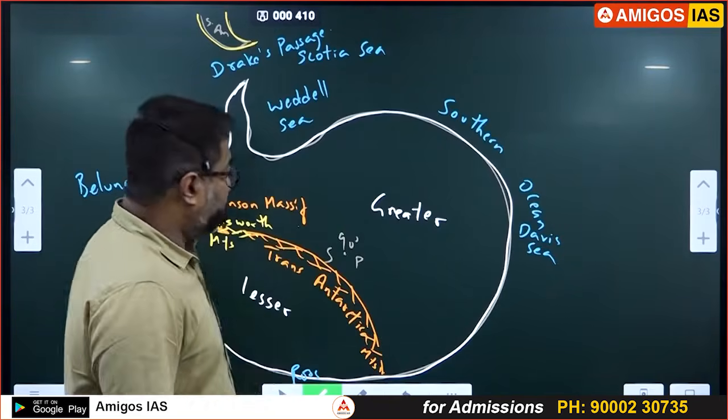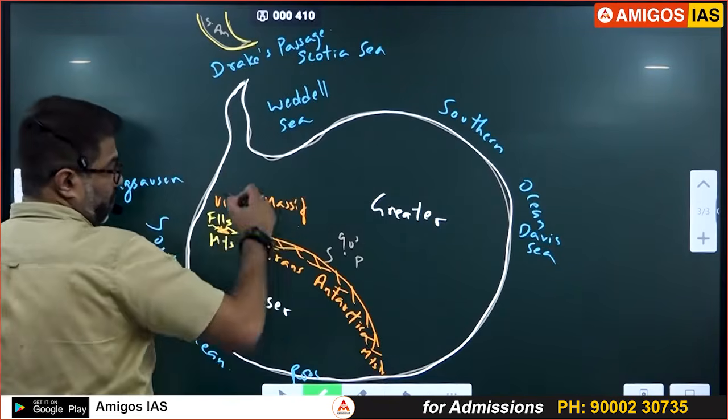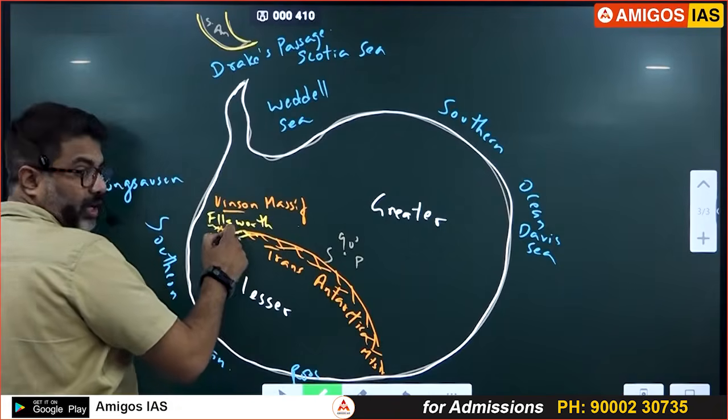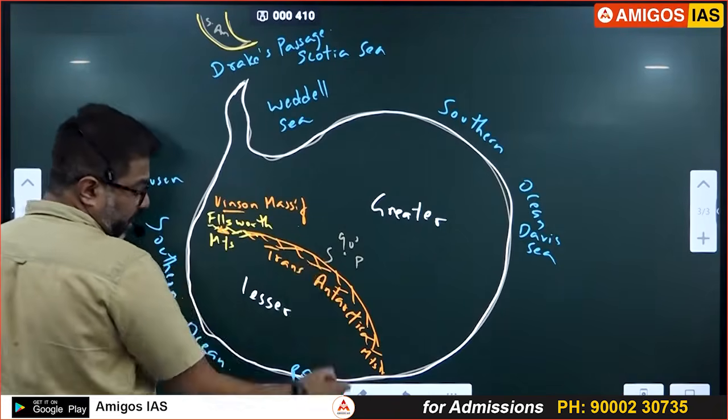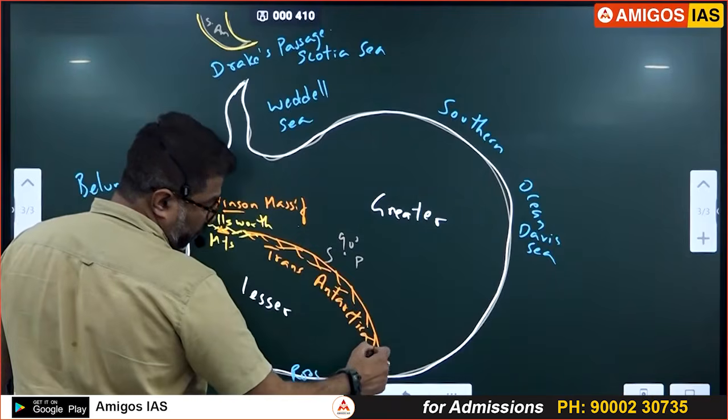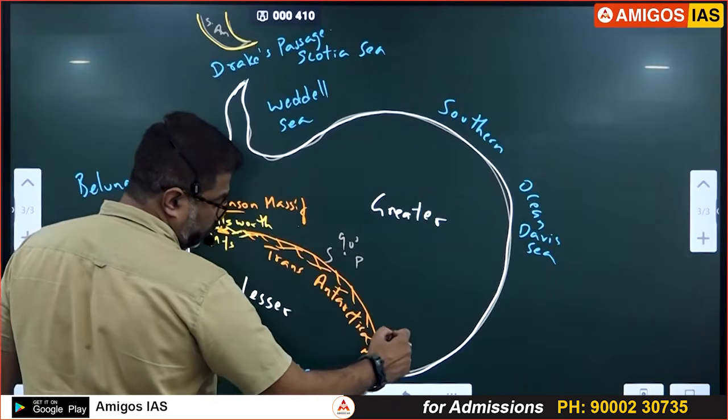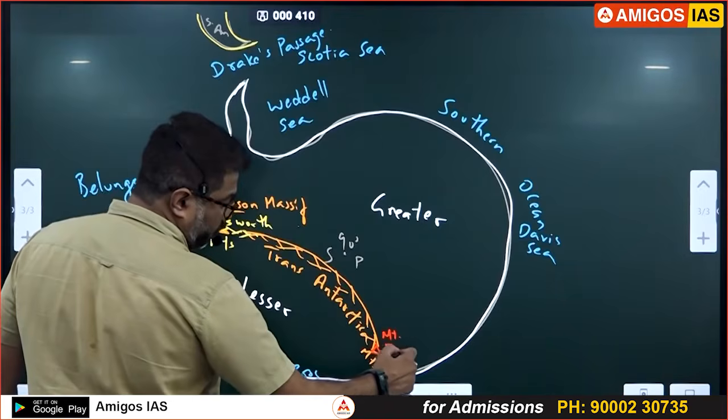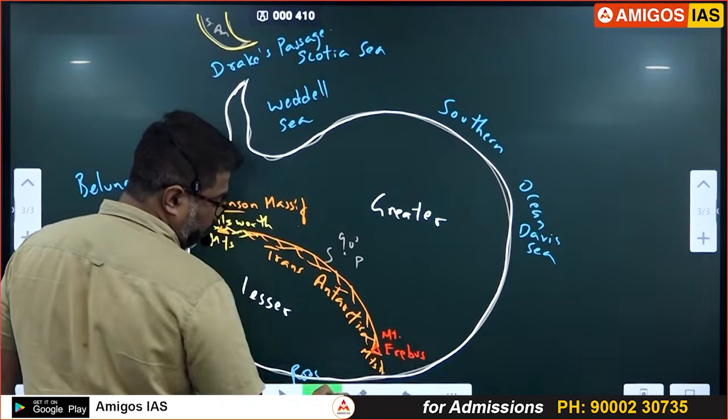Okay. Now see here, all of you. Vinson Massif is a peak. All of you got it. In this Transantarctic mountain, in the southern part, there is a volcano called Mount Erebus. Active volcano.